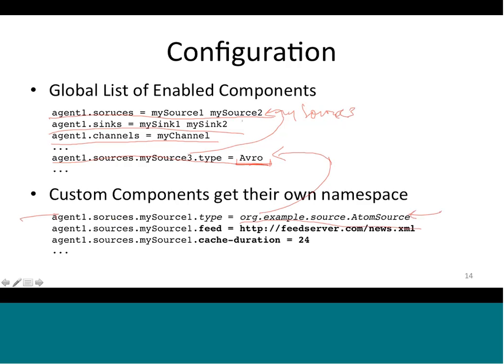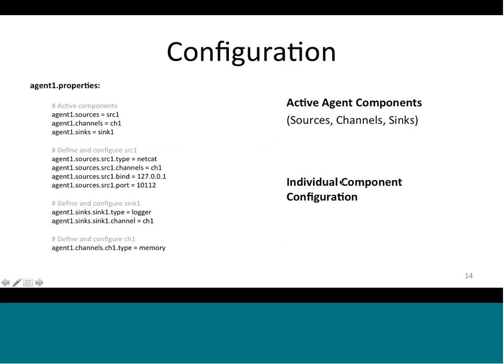And then within this atom source, if you're passing certain parameters back, again it's hierarchical. Cache duration, feed. These are parameters being passed to this. So you can essentially write anything you want to write. Okay. So this is a sample configuration file for an agent.